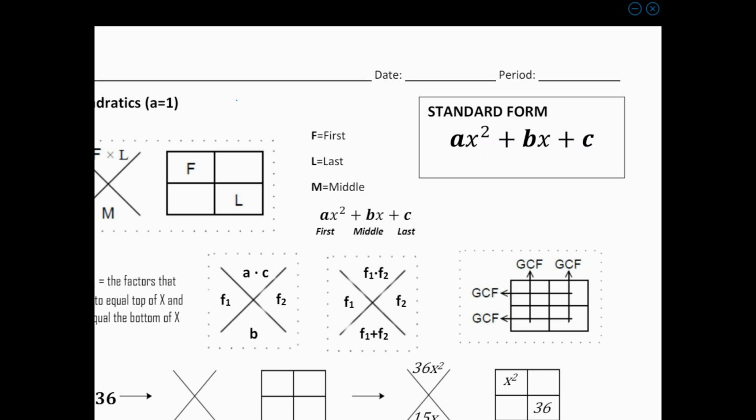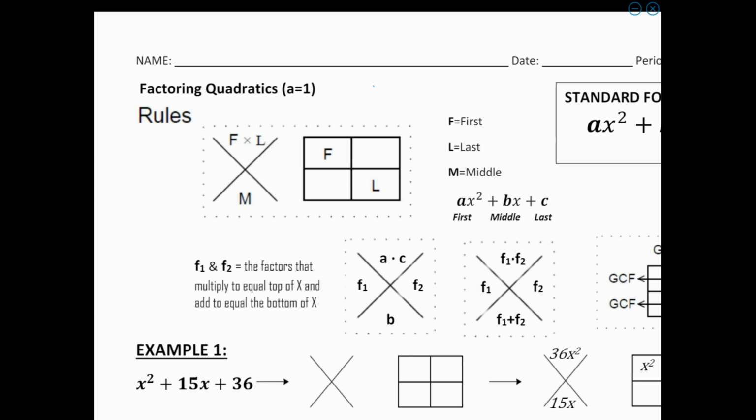The other thing that you need to note, so this top part here is just mainly all of the keys to the notes here. So this F and L stand for first and last. So when we multiplied everything out, whatever ended up in this first box was always the first term.